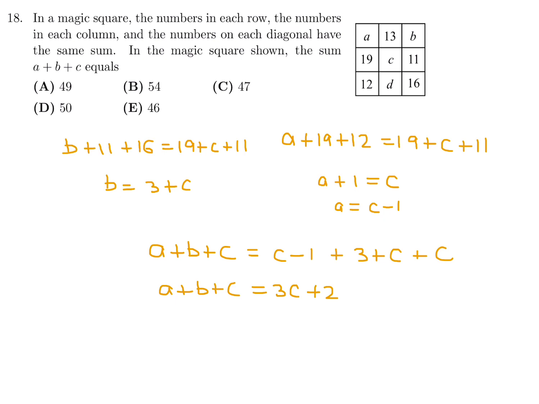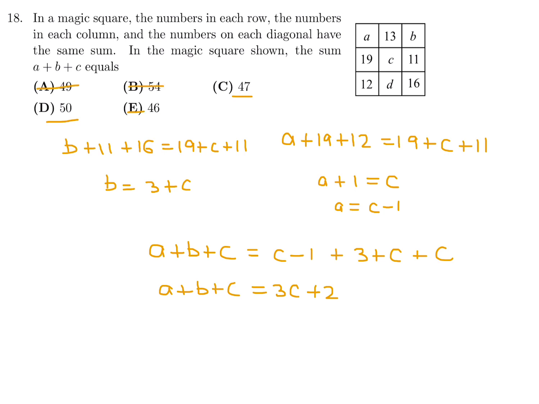So A plus B plus C is of the form 3C plus 2, where C obviously is a number because it says numbers. So which one of these answer choices is of the form 3C plus 2, where C is an integer? Well, the only ones that are of that form are 47 and 50, because the other ones, if you were to try to put it in that form, C would not become an integer.